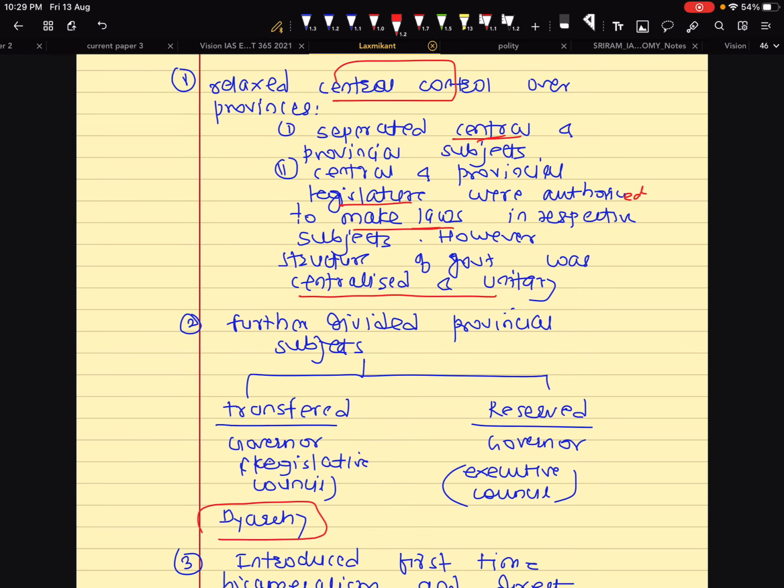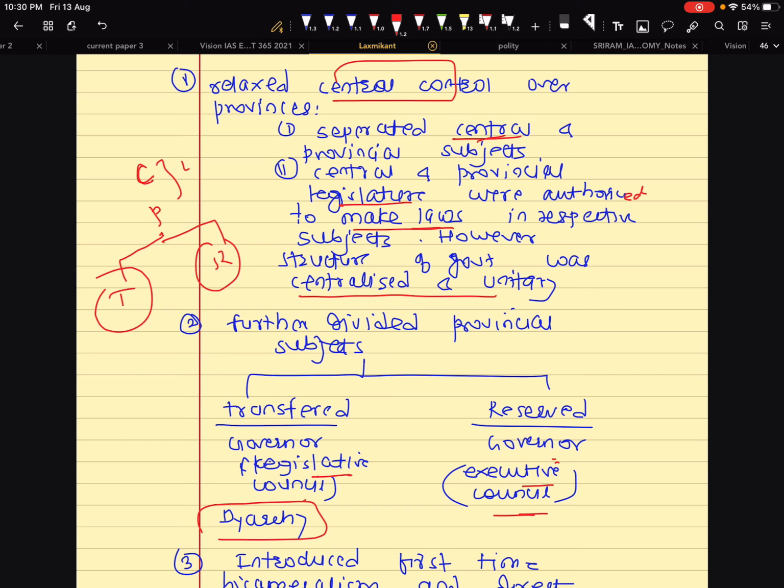I will explain again. First they separated the central and provincial subjects, and they were able to make laws also. Now they divided the provincial subjects again into two parts: one was transferred and the other was reserved. In transferred subjects, the government had to act with the consent of the legislative council, meaning the local representatives, while in reserved subjects the Governor acted on the advice of the executive council.